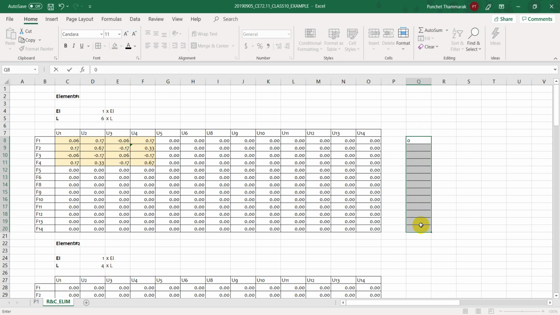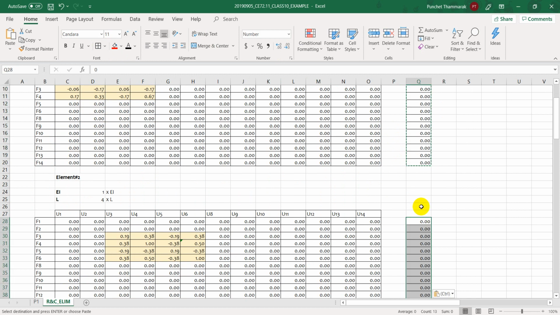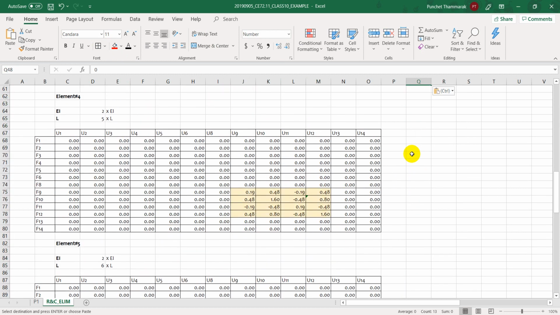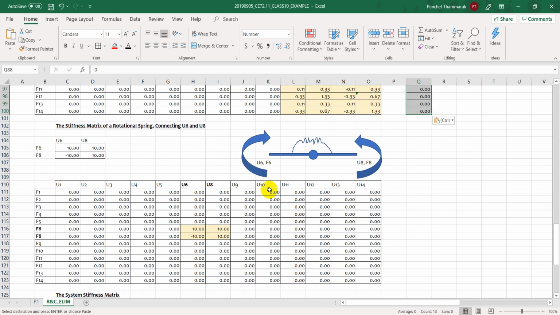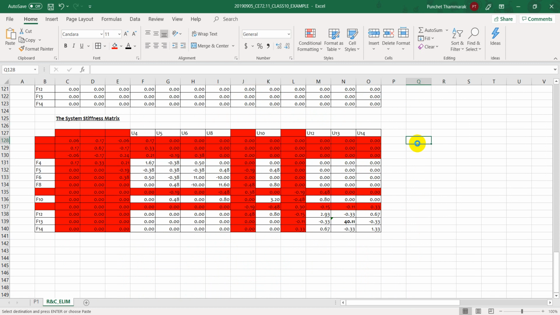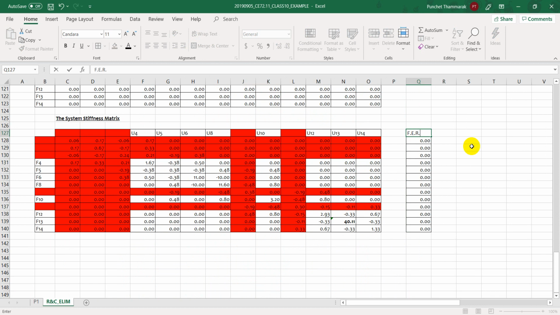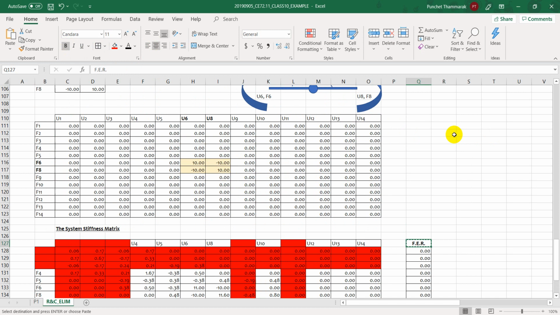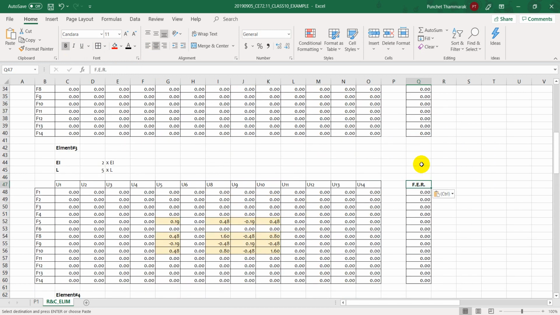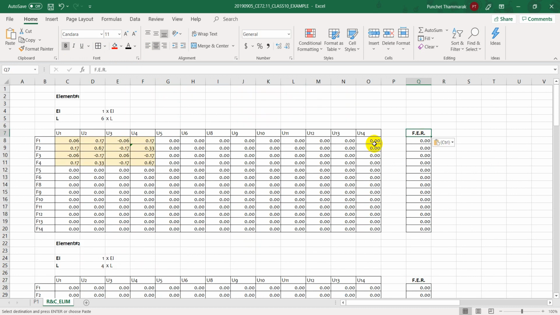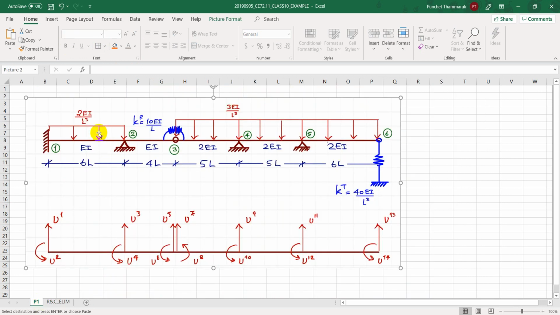I put the 0 there first. So let's first take a look at this one.